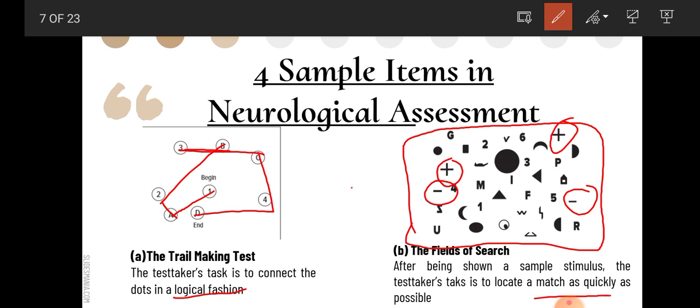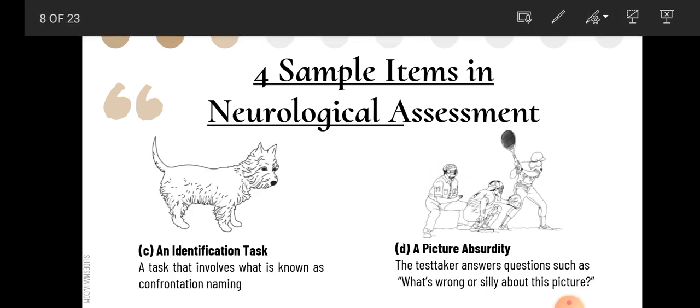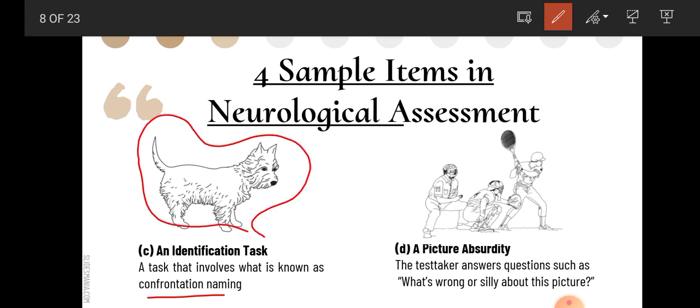So next is an identification task, a task that involves what is known as confrontation naming. So for us normal people, we can say that it is a dog. We can identify it as a dog because of the tail, four legs and ears.